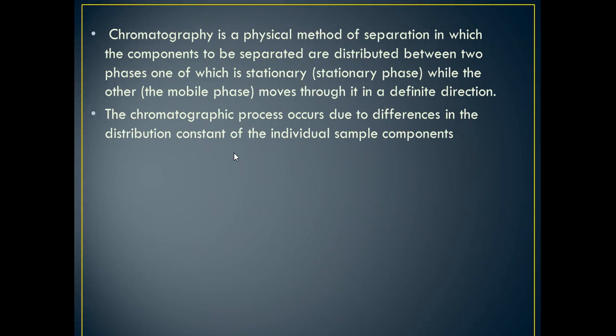The particles which move with the mobile phase always come out first, while the ones which remain in the stationary phase are always delayed, come out last, and are detected late. So that is the basis behind chromatography.